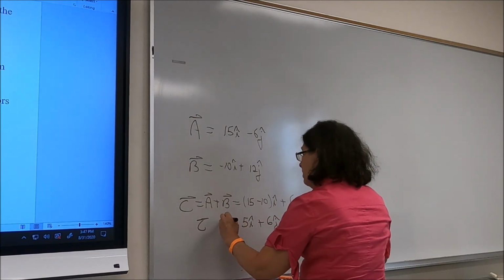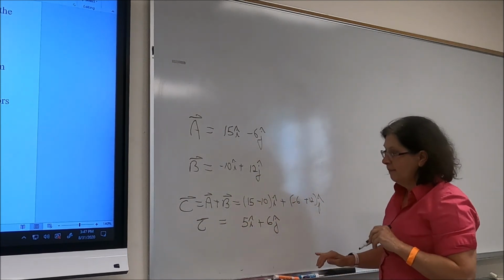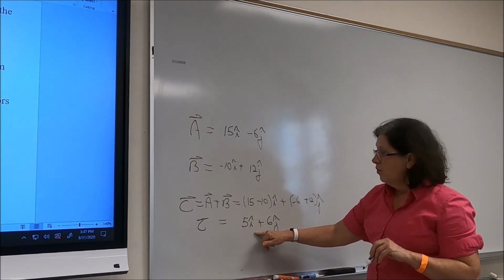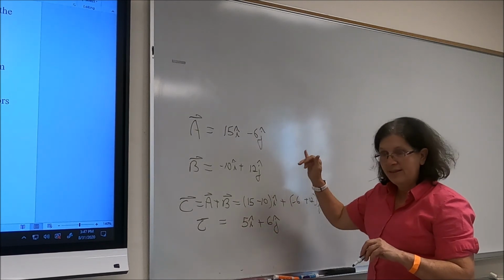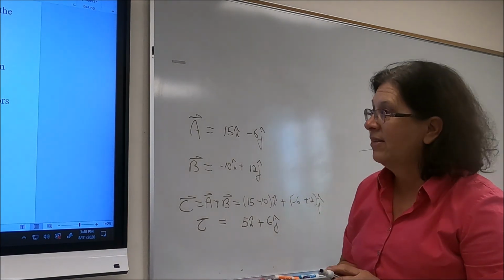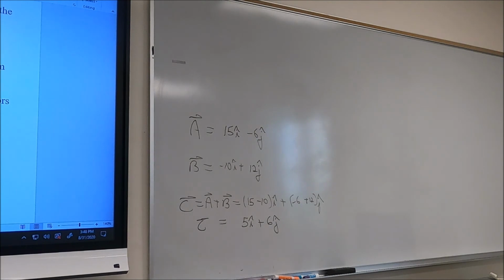So vector C would be 5I plus 6J. 5 units along the plus x-axis plus 6 units along the plus y-axis. And it's straightforward vector addition.